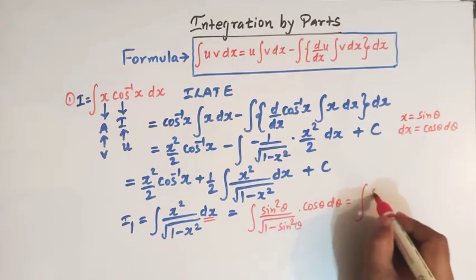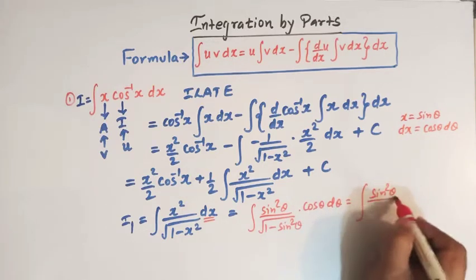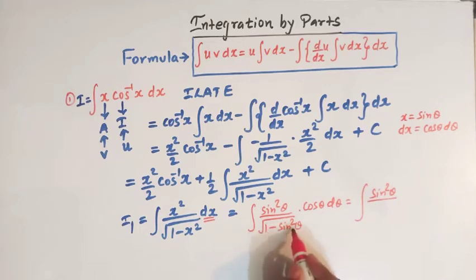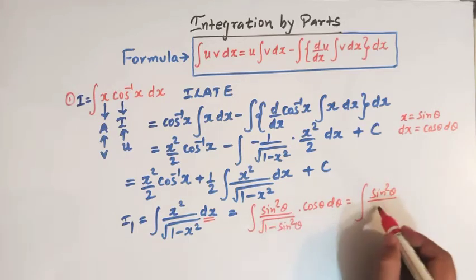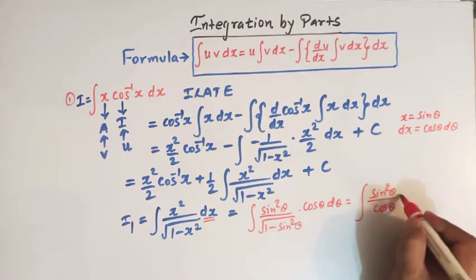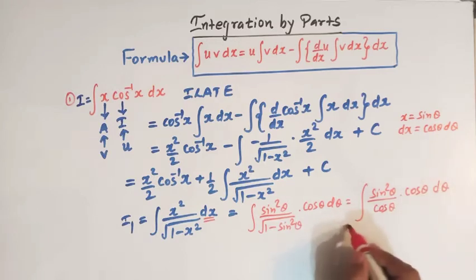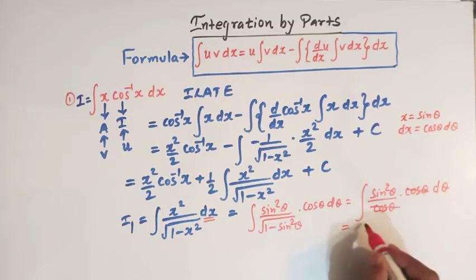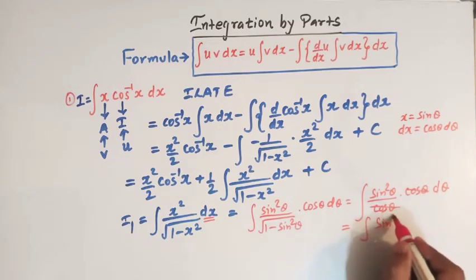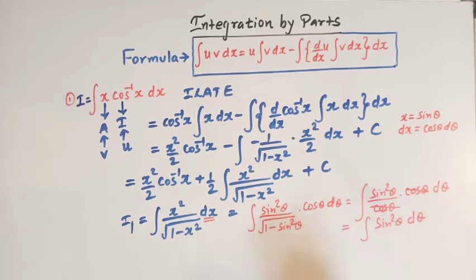So this is sine square theta, and 1 minus sine square theta is cos square theta, square root of cos square theta is cos theta, and then we have here cos theta d theta, cos theta gets cancelled. So we have the integral of sine square theta d theta.